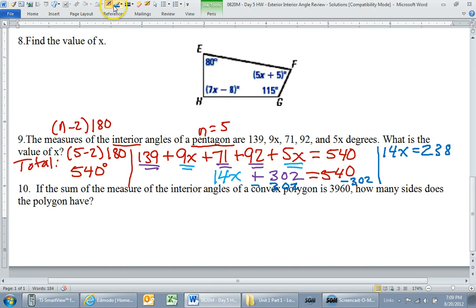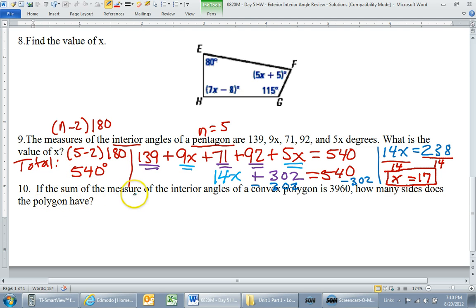And then we just divide by 14. And that is 17. Okay, that's how you do number 9.